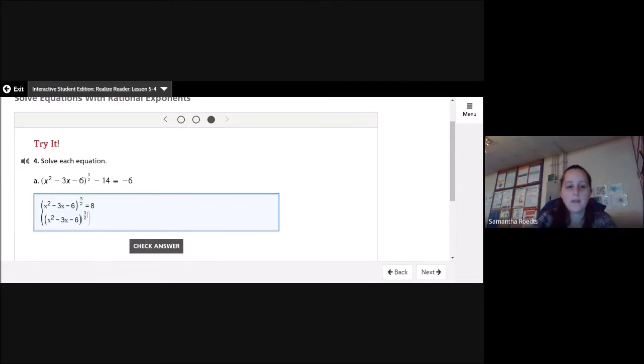Raise by 3/2. I'm going by the reciprocal, which is 2/3. So that equals 8 to the 2/3 power. That gives me x squared minus 3x minus 6 equals 8 to the 2/3 power, which is 4.